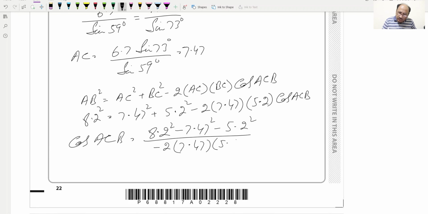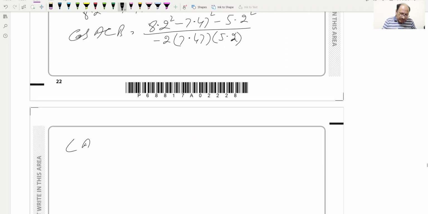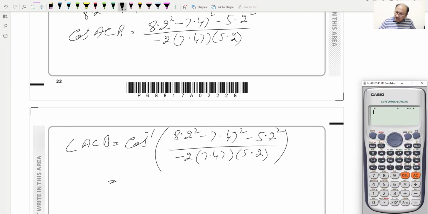Further, angle ACB will be equal to cos inverse of (8.2 squared minus 7.47 squared minus 5.2 squared) divided by (minus 2 into 7.47 into 5.2). We can use the calculator, shift cos, and your calculator should be in degree mode.